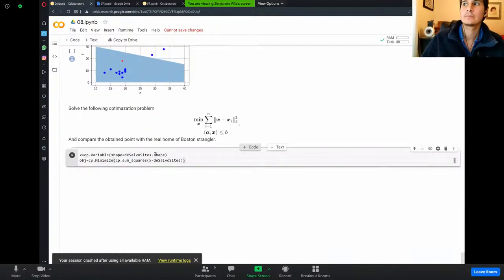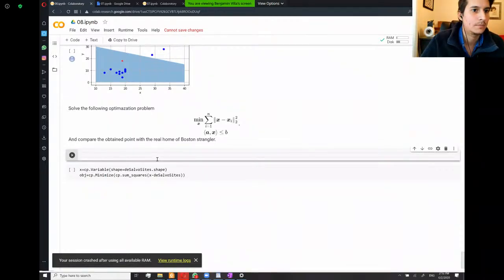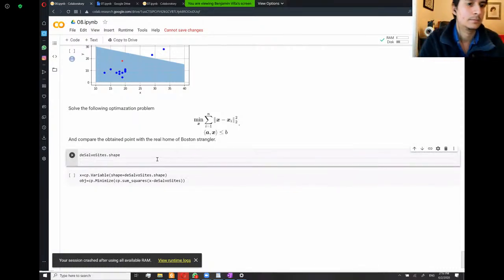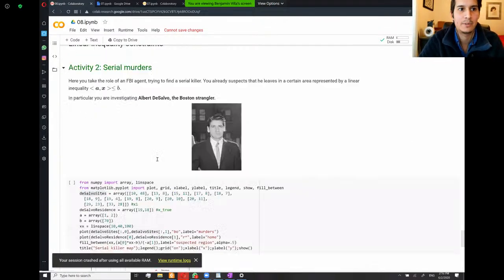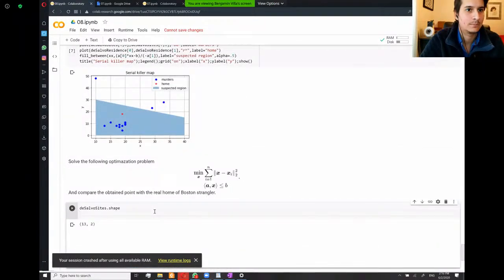Lo agrego acá. Se ve con shape. The salvo sites that shape. Oh, you need to run the salvo before. Ahora sí. 13,2.